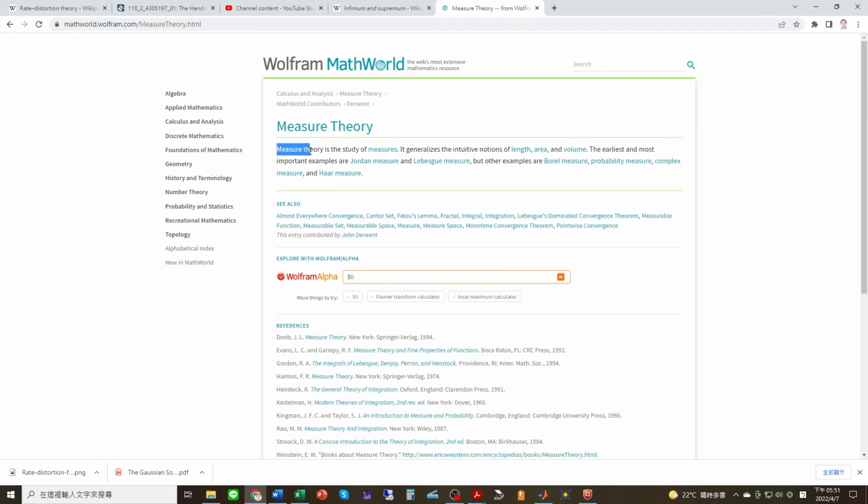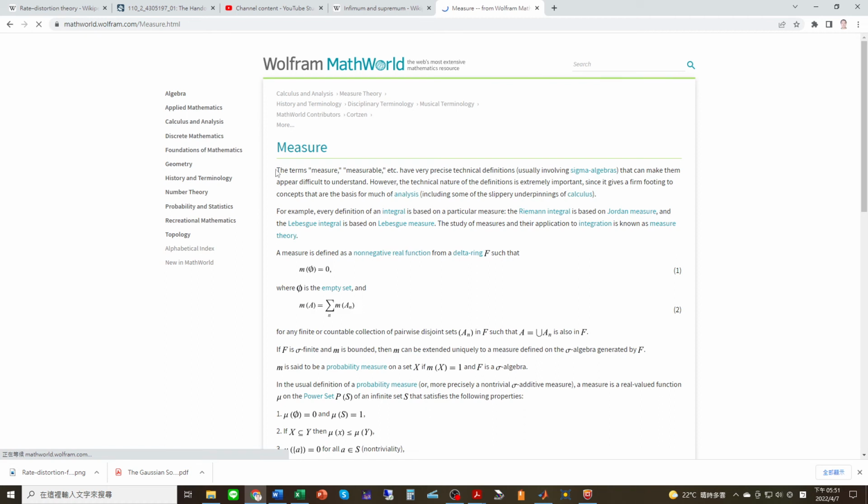Measure theory is the study of measures. Then what are measures? The terms measure, measurable, etc. have very precise technical definitions, usually involving sigma algebras. What are sigma algebras?